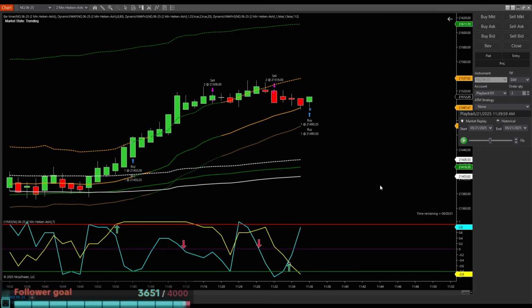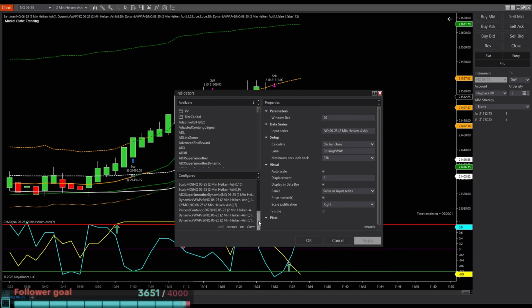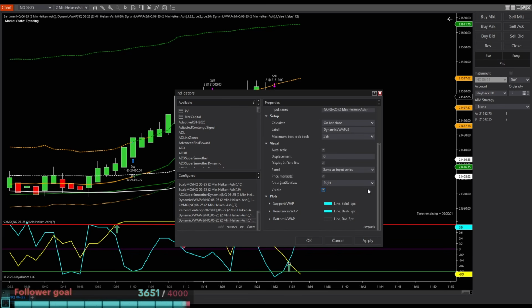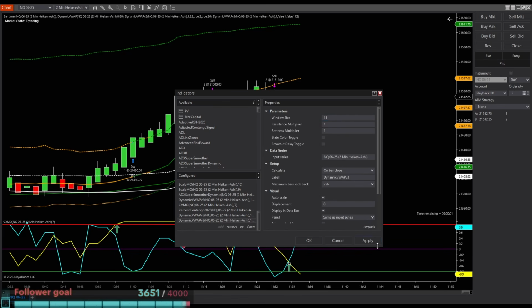Now, here's something else that you can do, guys, whenever price goes back into cycle territory, the way it did right here on this bar when it just kind of rolled back in, okay, for a nice clean little cycle hit right there. You already saw how this works at 112 bars. Well, check this out. There's another thing that you can actually plot, another version of the dynamic VWAP. This one is set to 15 bars, all right?